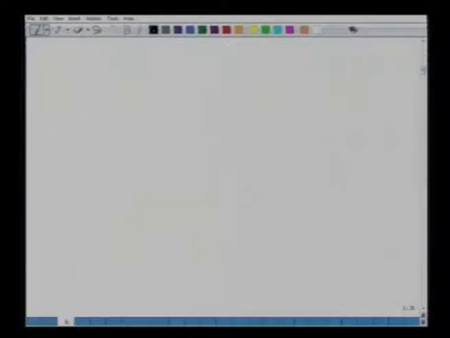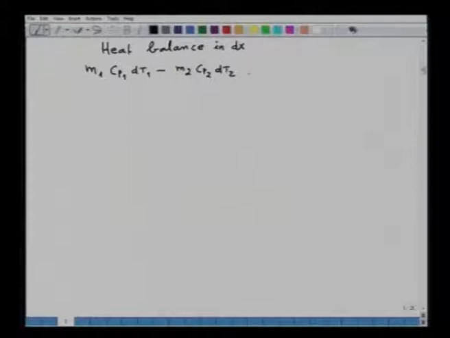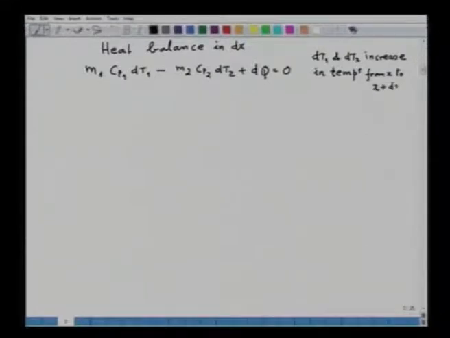Now we can write down the heat balance in dx, that will be m1 Cp1 dt1 minus m2 Cp2 dt2 plus dq equal to 0, where dt1 and dt2 are the increase in temperature as the fluid flows from x to position x plus dx.